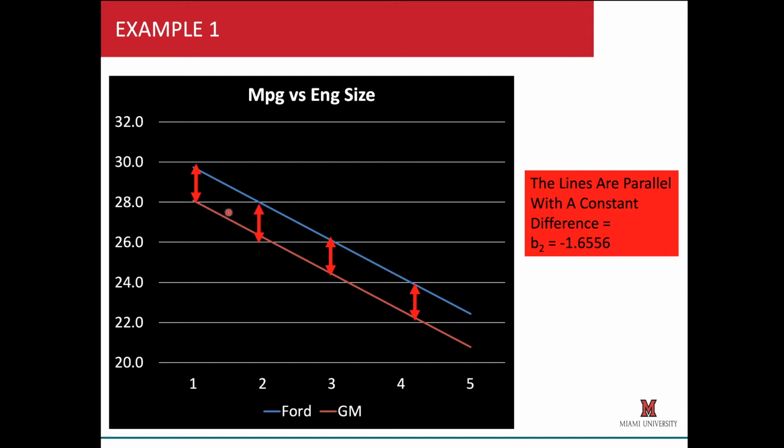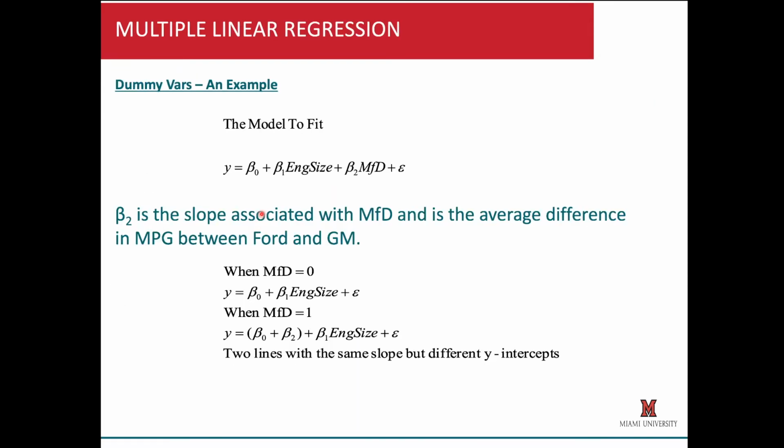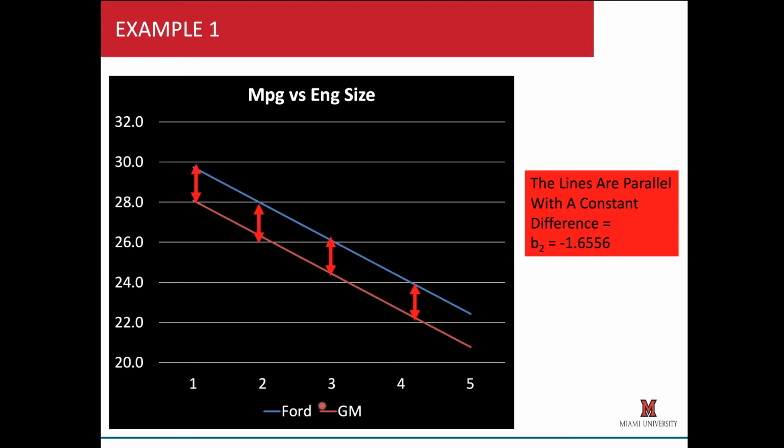When the dummy variable is equal to 0, that means the car is a GM car. Let's say this is the red line right here. So this would be the equation. When the dummy variable for Ford is equal to 1, that changes only the y-intercept. It adds to or subtracts from the miles per gallon. So that's the way the dummy variables work.